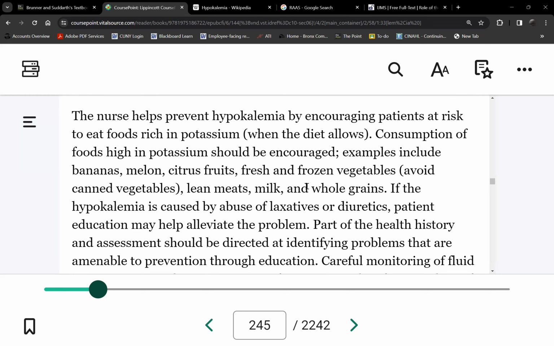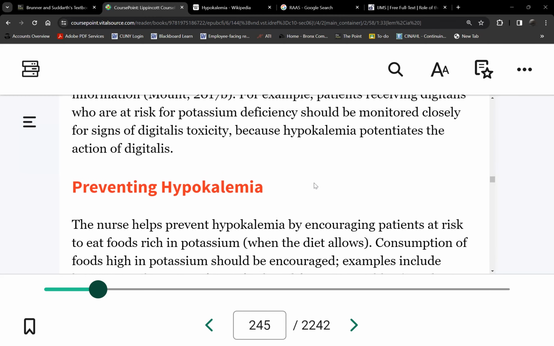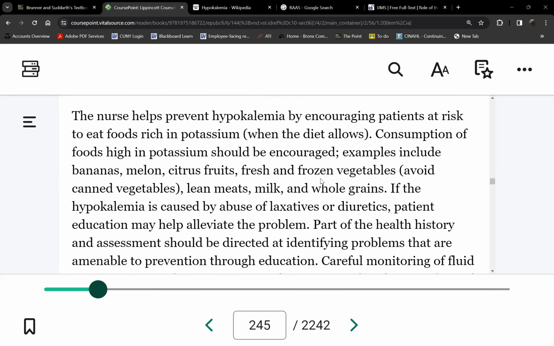One of the treatments is under hyper, so I'll mention that under hyper. This is hypo. So if the patient is on, let's say the example I gave you earlier, diuretics and taking digoxin, how do you prevent it? You know they're going to lose potassium. Encourage them to eat high potassium foods. And what are they? On the exam question, what will I do?